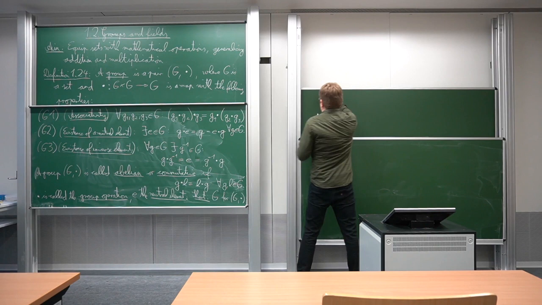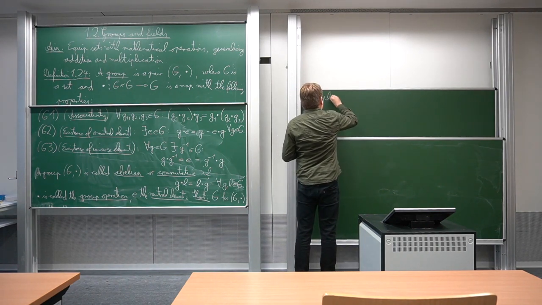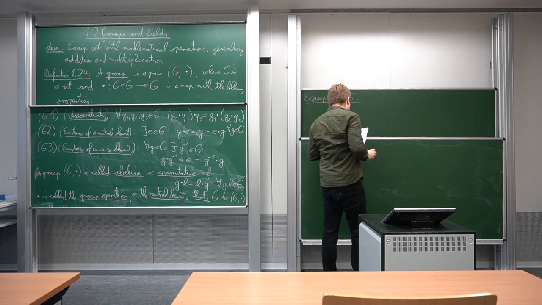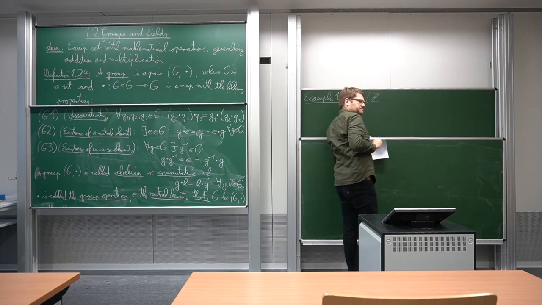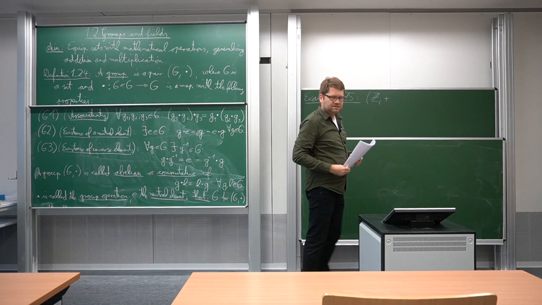Because we don't know that many sets yet, I start with a very simple example which we've already used. Namely, not multiplication, but I take the integers and I take the operation plus.